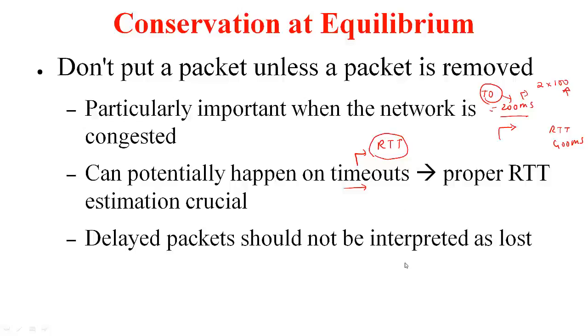So this is what we call out of the frying pan into the fire. As is, the network is struggling to get packets out, and now you are dumping retransmissions and making its life worse. So it's very important to ensure that delayed packets not be interpreted as lost packets. For this, the RTT calculation is very important.